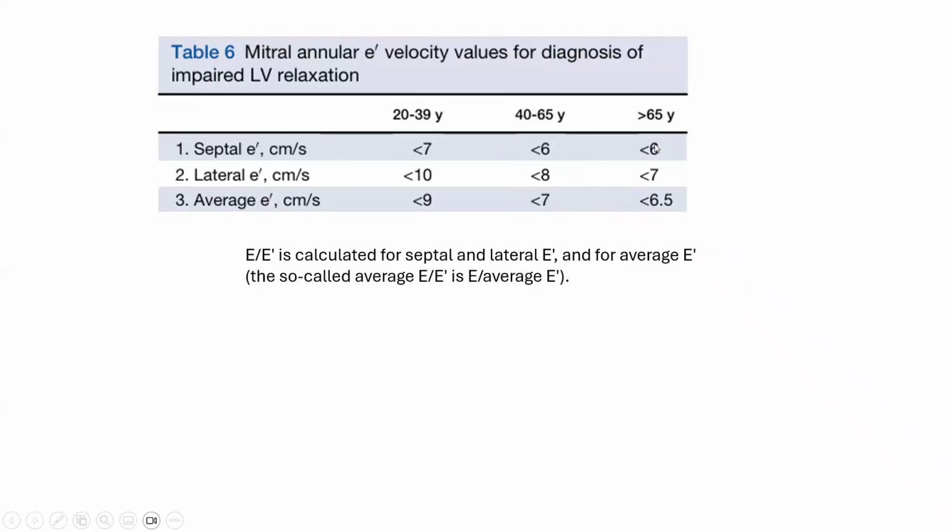So those are the numbers you need to remember. 6 for medial E prime and 7, 8 for lateral E prime, and 6.5 to 7 for the average medial and lateral E prime. Most of our patients are over the age of 40. Only for those patients less than 40, the old numbers apply. Lateral E prime should be over 10 normally, and medial E prime should be over 7 normally.